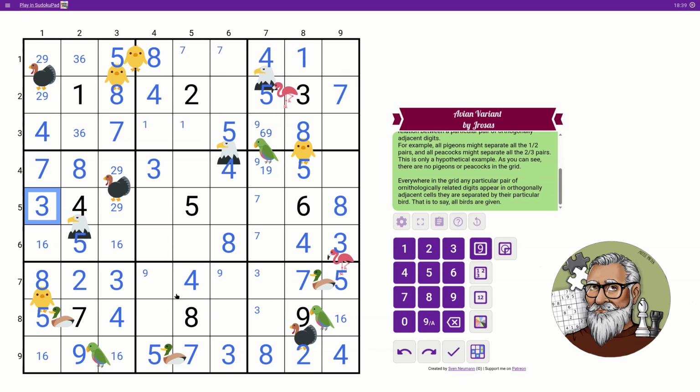That was already resolved. 3, 7. Not have 7, 5 either. So that's 7. That becomes a 7 as well.